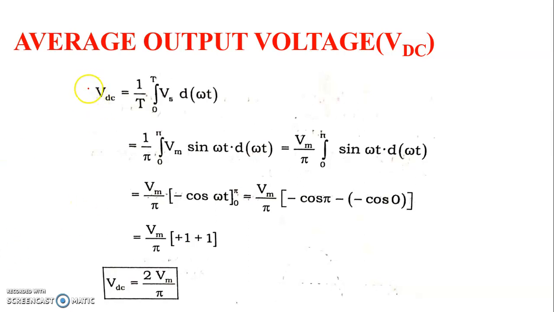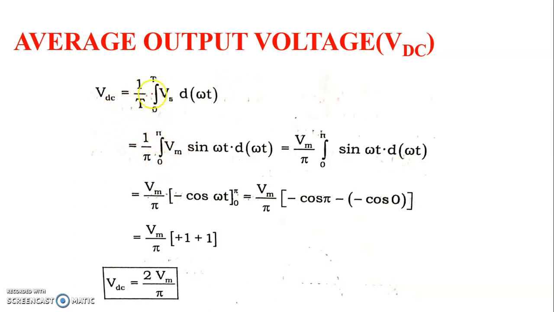The formula is VDC equals 1 by T integral from 0 to T of Vs d omega t. Here Vs is the alternating input voltage. A full wave rectifier is completed in one cycle, so we take the time period as pi.